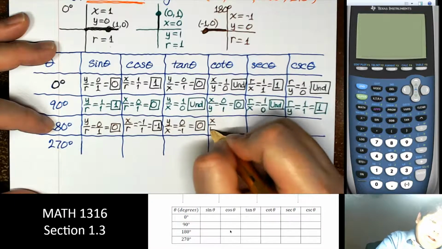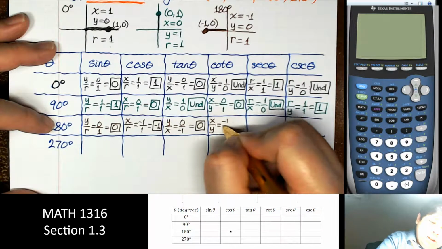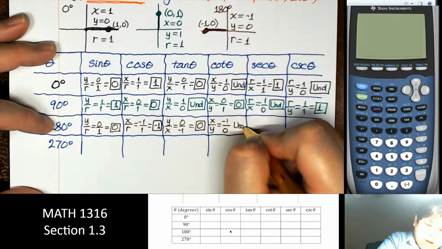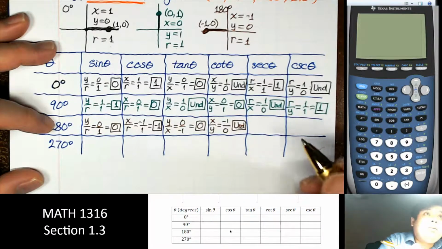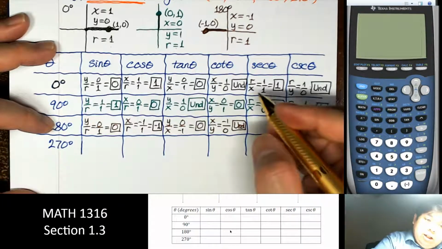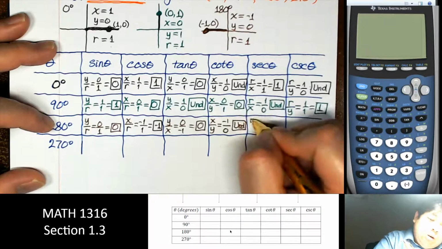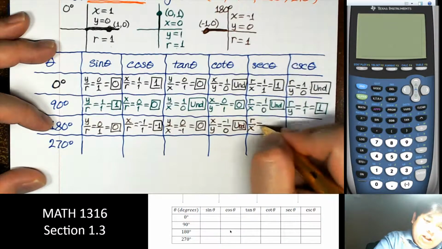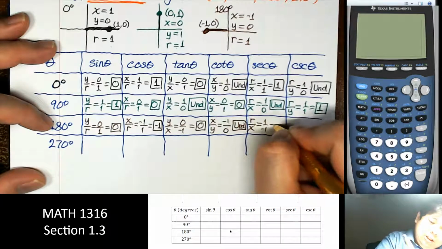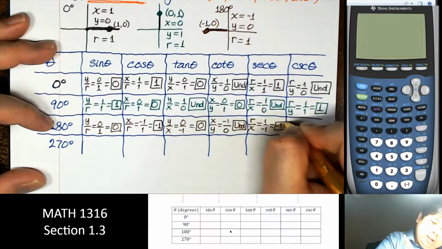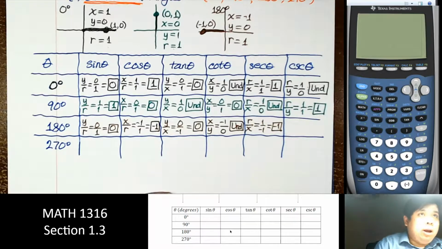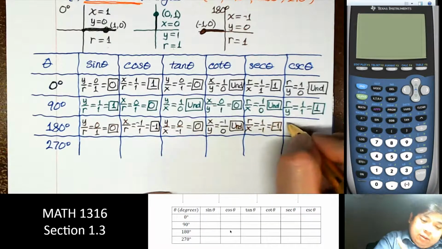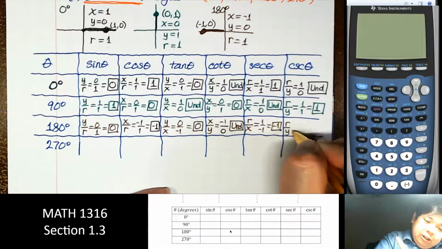Cotangent is x over y, undefined. Secant is r over x. We just use the definitions here. And cosecant is r over y.